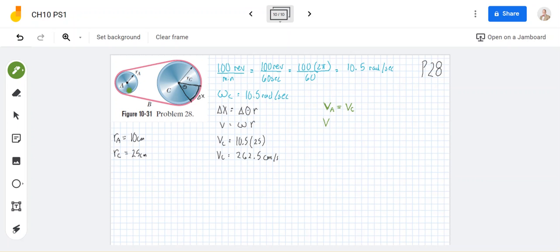If we think back to the fact that the same relationship holds true here, this relationship, v equals omega r, I'm going to substitute this in here.